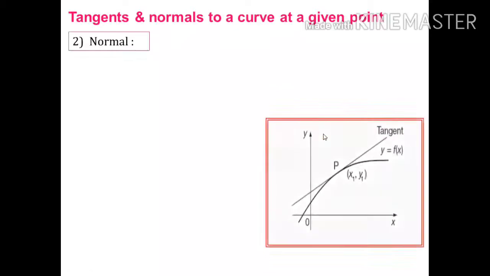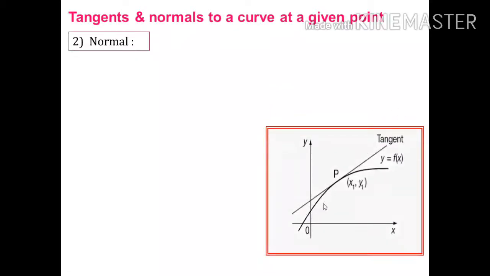Normal: for the curve y is equal to f(x), at a particular point P (x1, y1), a tangent is drawn. Then we have to find the normal. So the normal is a line passing through the point P and perpendicular to the tangent. Observe the line here. That line is perpendicular to the tangent.